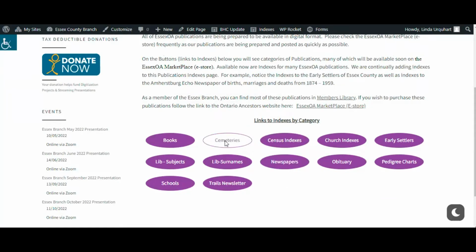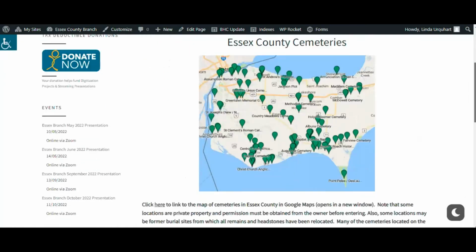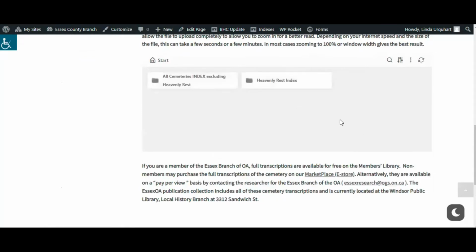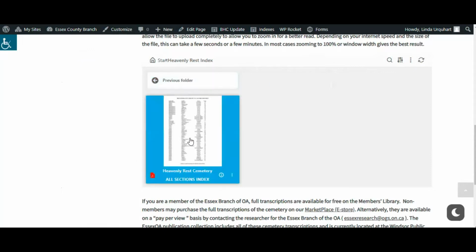So the cemetery indexes gives you a couple of folders as to what's involved in here. All the cemeteries are included in this except for Heavenly Rest, whereas Heavenly Rest has its own. To open these folders, you then would click on whatever file is interesting to you.